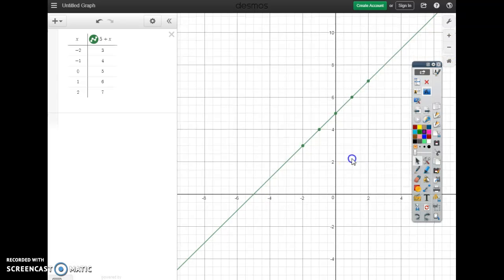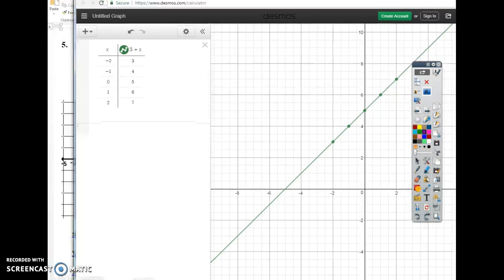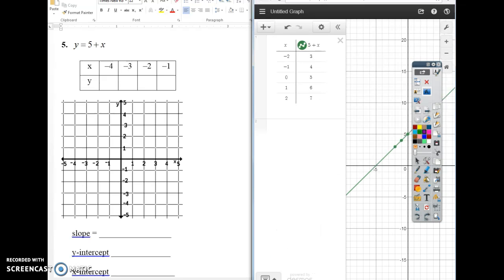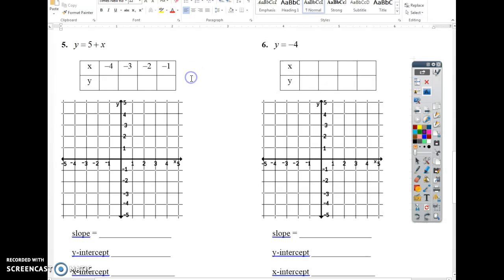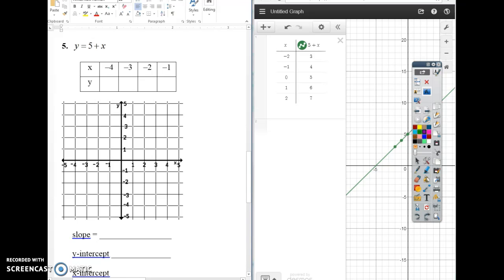And you can make it bigger or smaller. So those points, I'm going to put them in the worksheet. So I'm going to slide that over here. I'm going to do a split screen so that you guys can see it. This one too. Split screen.